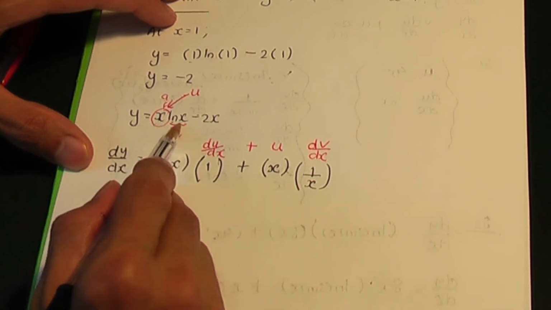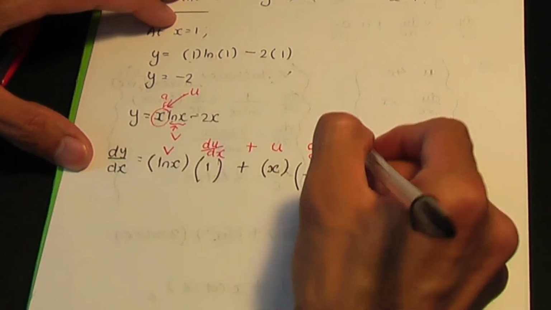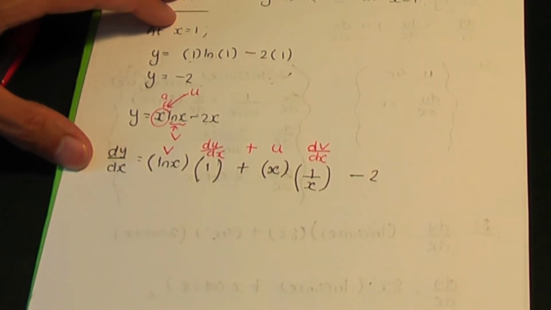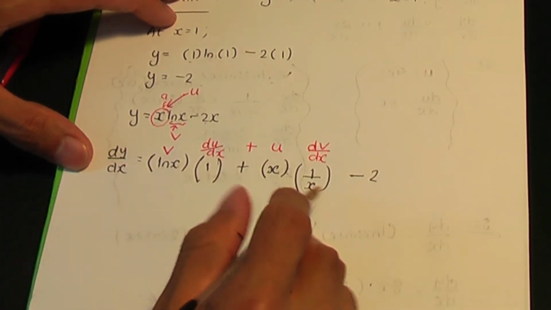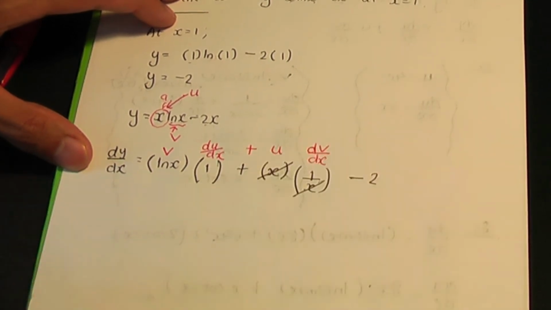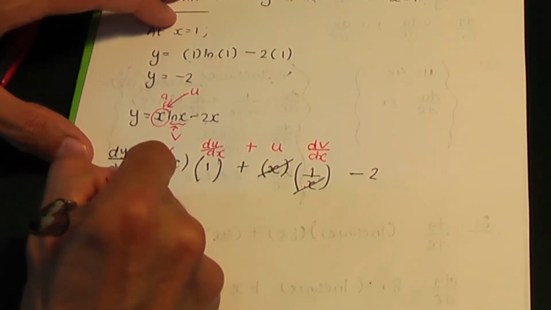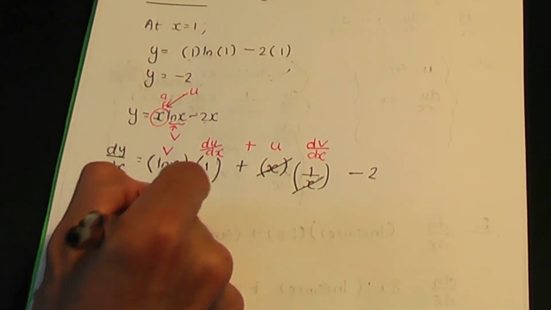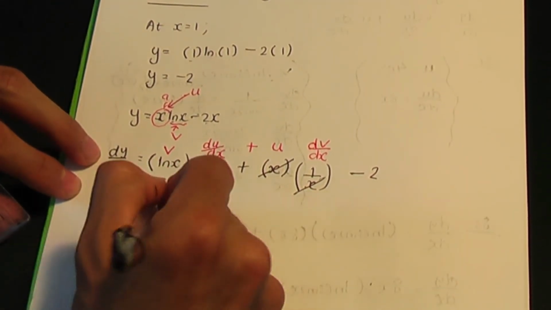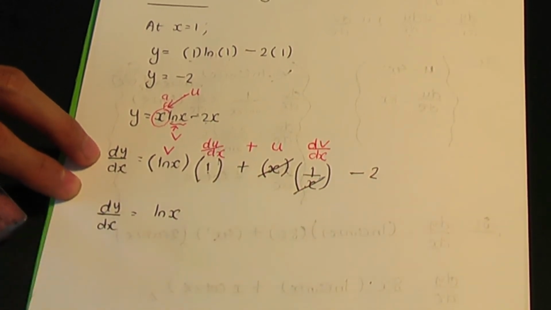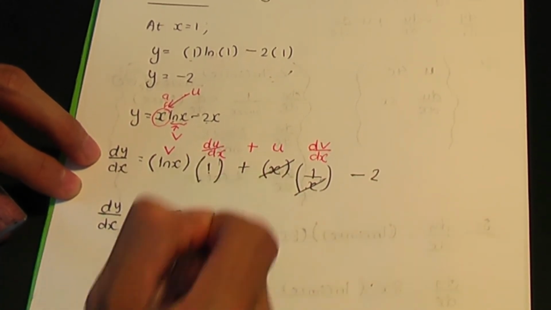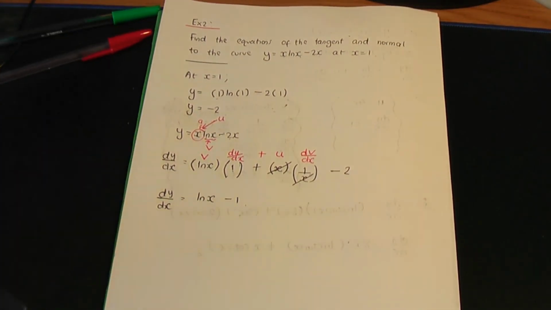So that's the product rule for x ln x minus, and when I differentiate 2x, simply 2, okay? Let's tidy this up. These two x's can cancel, so therefore dy by dx, that's going to be ln x times 1, which is ln x, and 1 minus 2 is minus 1. So that's dy over dx, okay?